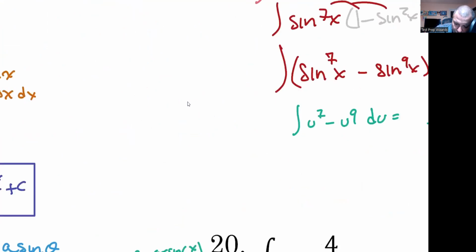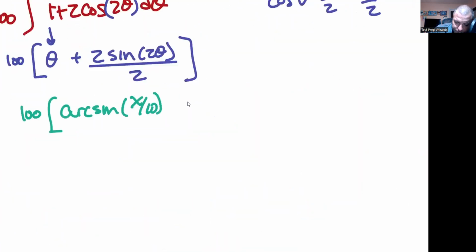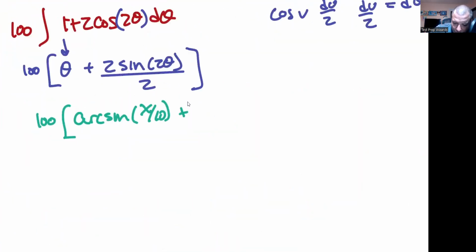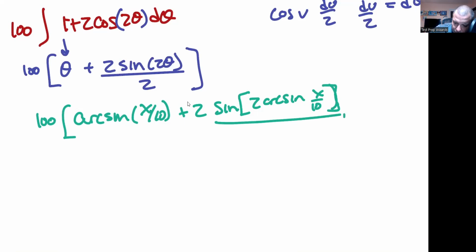No, that's right. Yep. Plus sine of 2 arc sine x over 10, over 2. Right, so these 2's cancel. I don't know why I wrote them. We're going to evaluate this from 0 to 5.